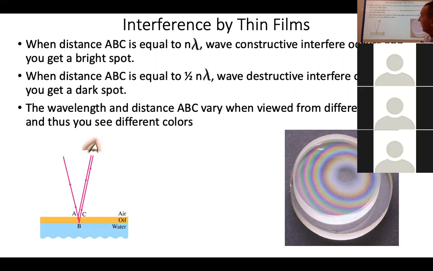If it's half a wavelength, then you get destructive interference and you can get a dark spot. So you don't see the light coming out of it. And you get this rainbow effect in that picture on the right also. Those are called Newton's rings. Just for Jeopardy, if you ever go on.